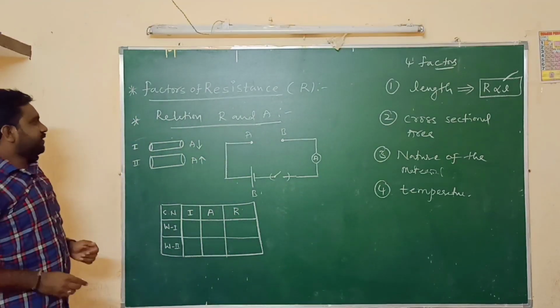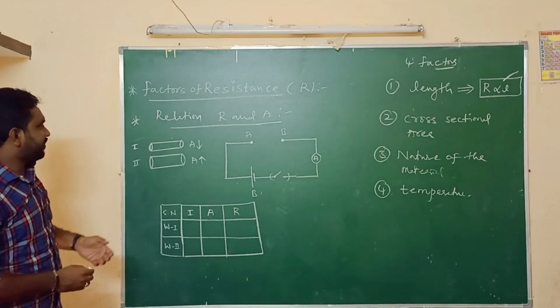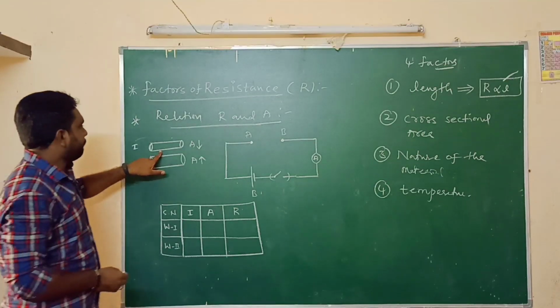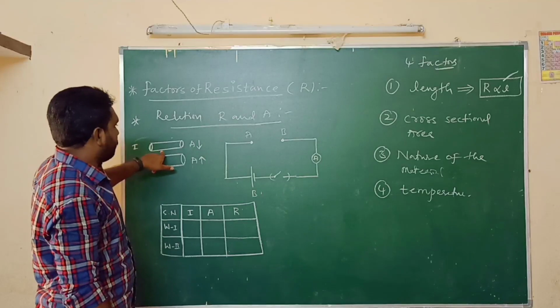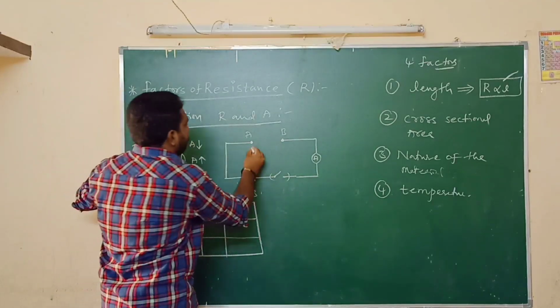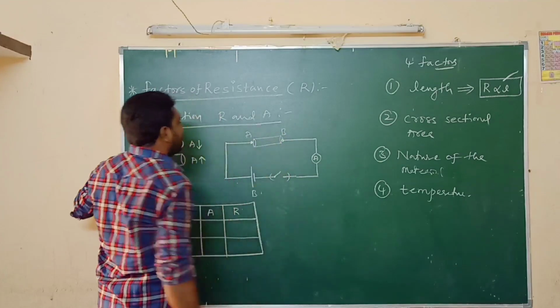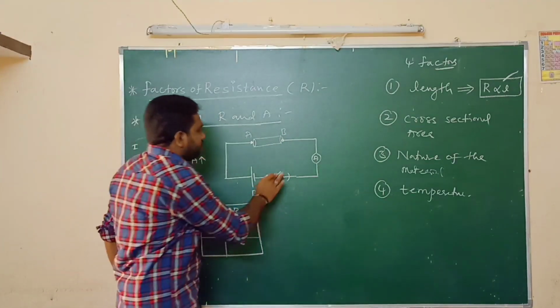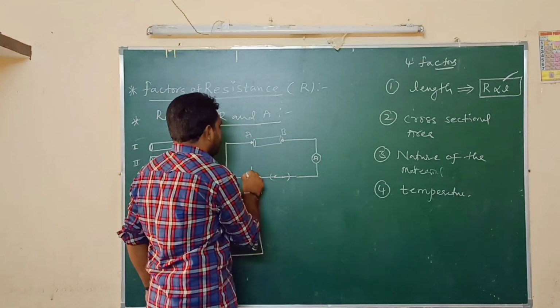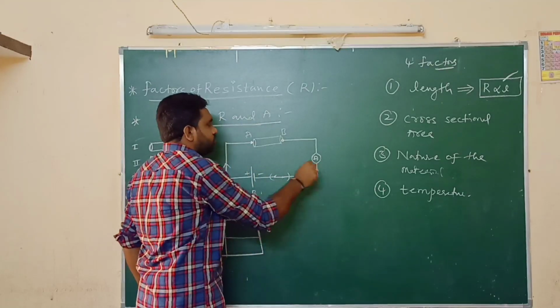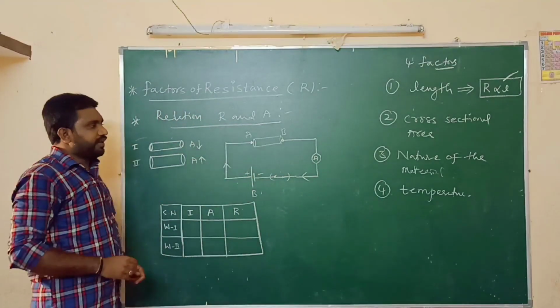Like the previous activity, first of all we have to place the sample 1 wire in between the gap AB. Again we have to close the switch, then current will flow in the circuit, and observe the reading of ammeter.